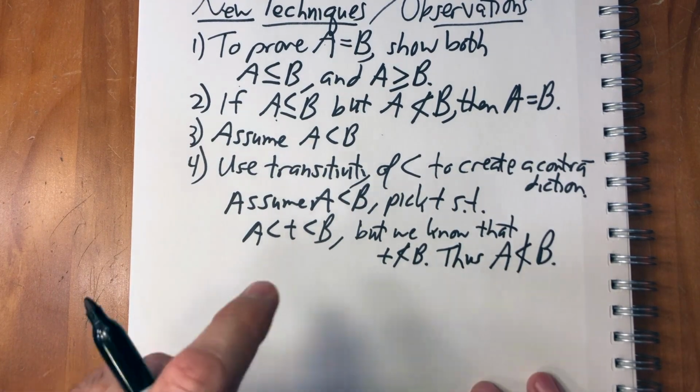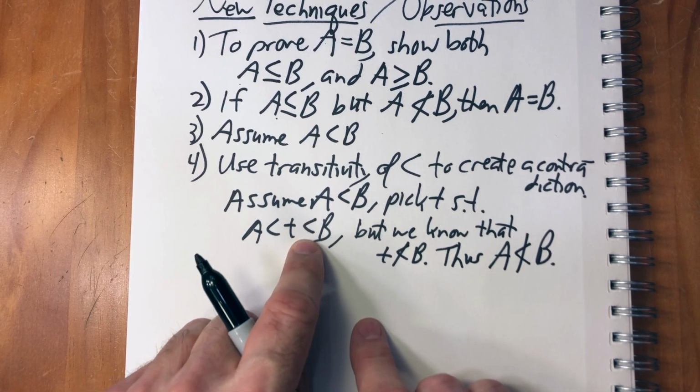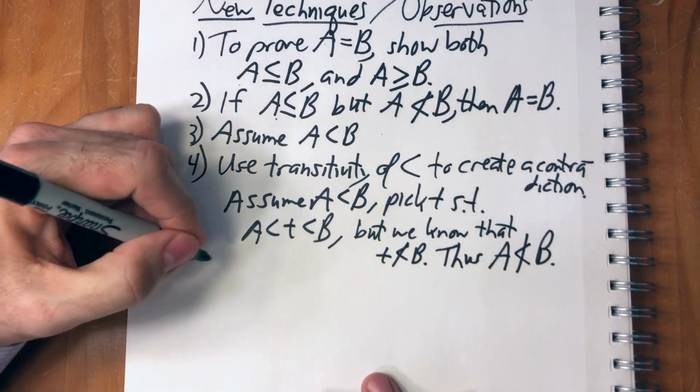This is something we do a lot. You pick a number between the two where you can then prove that this part isn't true, so then the whole inequality must not be true.